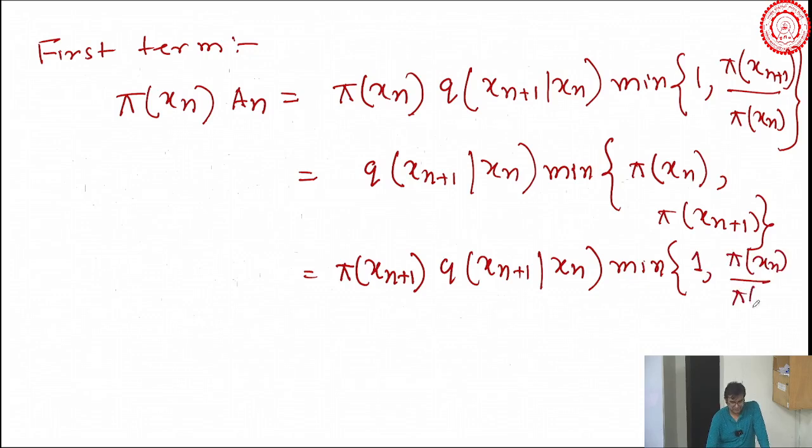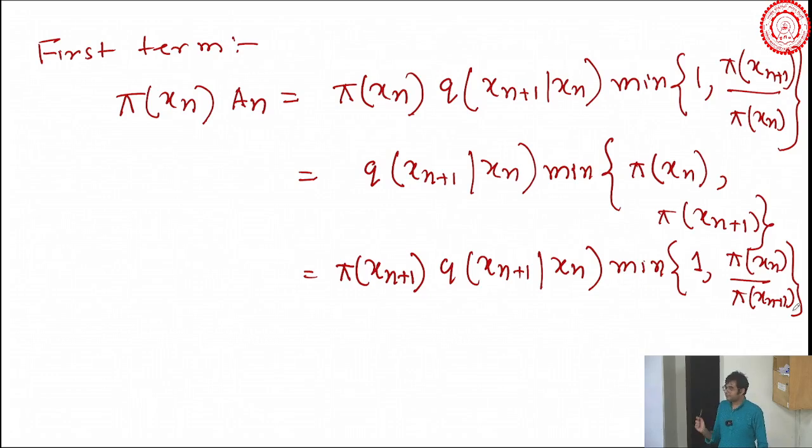You can see that everything is matching except one term, right? What is that term that is not matching, which is not reversed yet? Q. Q also needs to be reversed, right? Which has not happened, and that will not happen. In this case, you cannot reverse Q automatically. Therefore, there is an additional condition for the Metropolis algorithm.